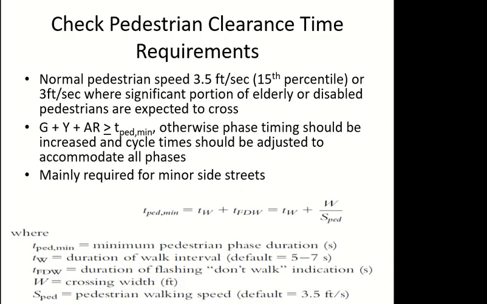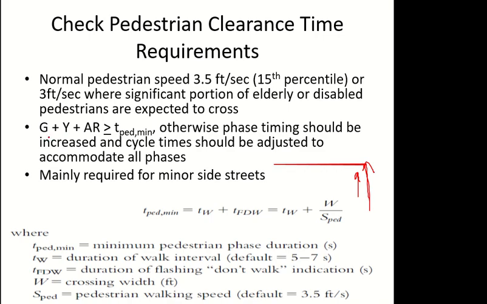Then the last thing is to check for pedestrian clearance. The green time you are providing for the vehicles, can pedestrians move in the same green time in the same direction? So if I calculate green time for this direction, can the pedestrians who are crossing in this direction use this green time to cross the entire road? This is the check.